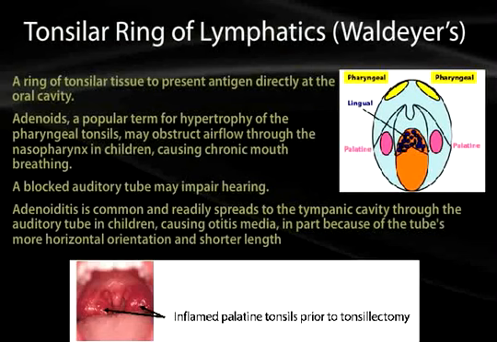Now these tonsils around the palate will make what's called a tonsillar ring of lymphatics, oftentimes referred to as Waldeyer's ring. And Waldeyer's ring includes two pharyngeal tonsils, which will sit up in the nasopharynx, and they'll combine so that there really only seems to be one pharyngeal tonsil.